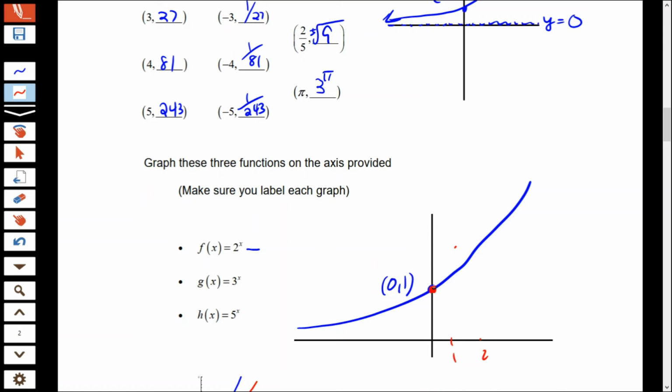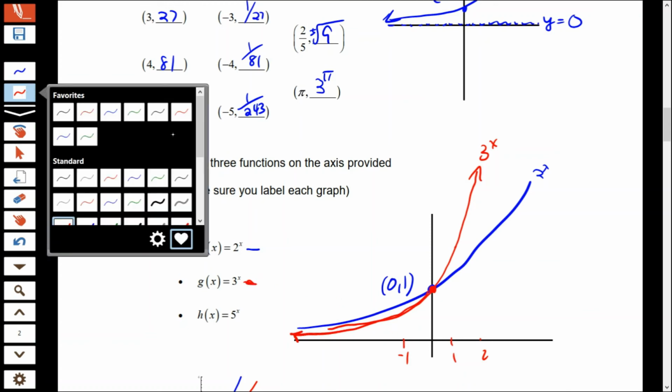And so 3 to the x tends to be steeper than 2 to the x when you move out to the right. It gets bigger quicker. Well, the same is kind of true on the other hand side. It's kind of analogous, except instead of getting bigger quicker, on the left-hand side, it gets smaller quicker. And the graph goes below, right? And that's your 3 to the x.